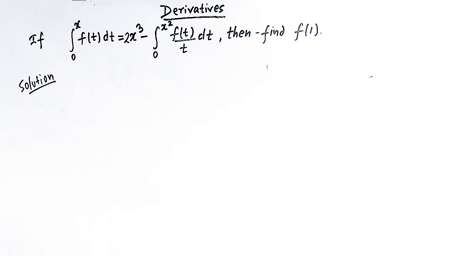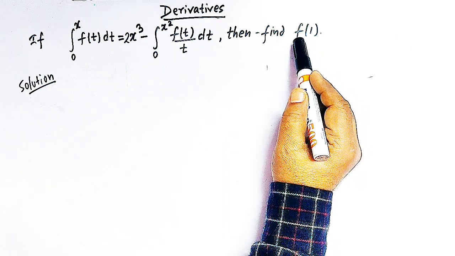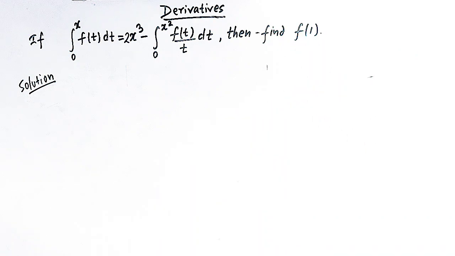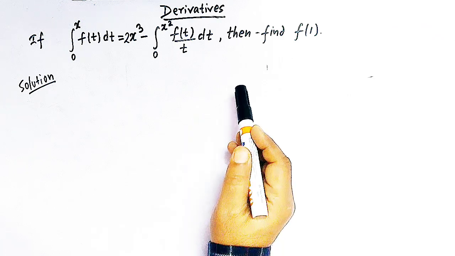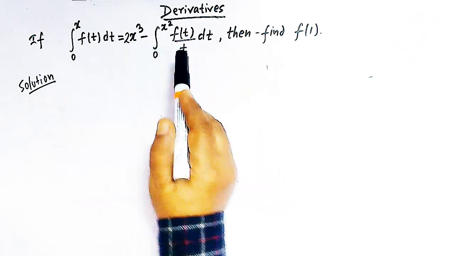So let us see how we can find out the value of f(1) using the Newton-Leibniz theorem. Let us first quickly see the statement of the Newton-Leibniz theorem, and then we'll apply the same to this problem.